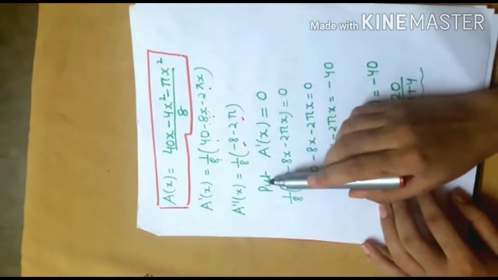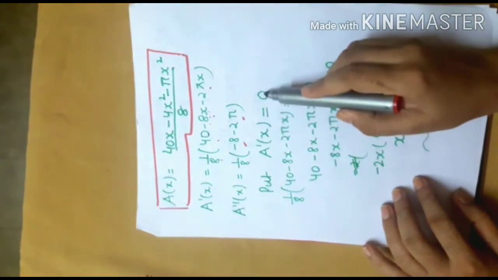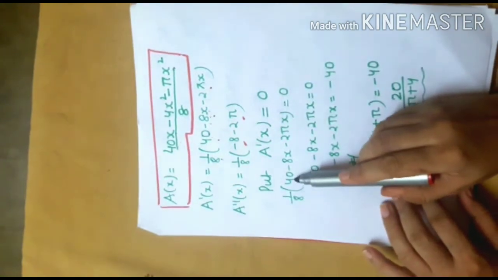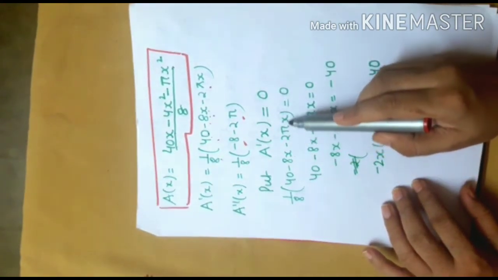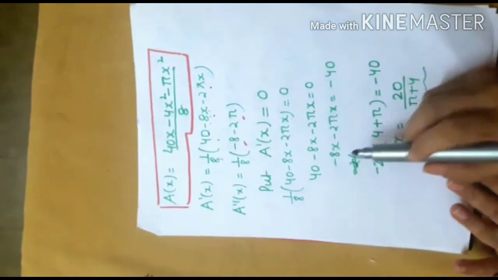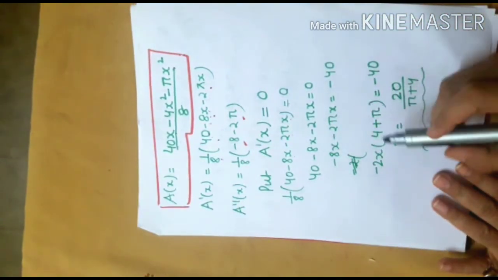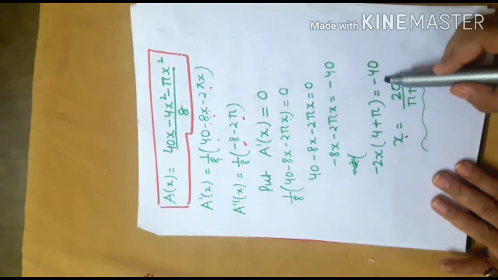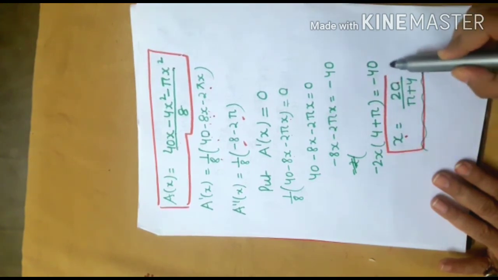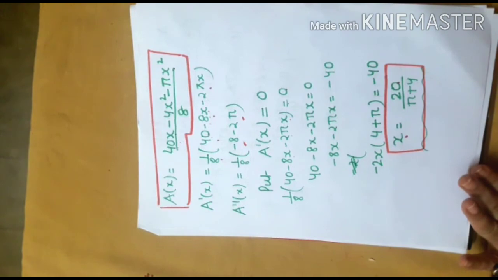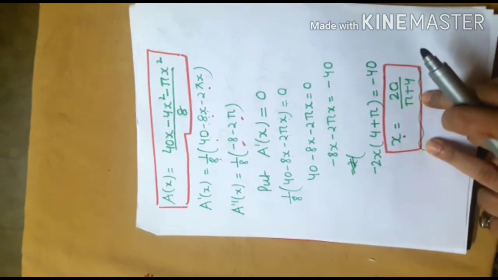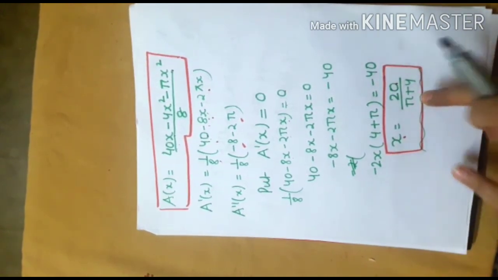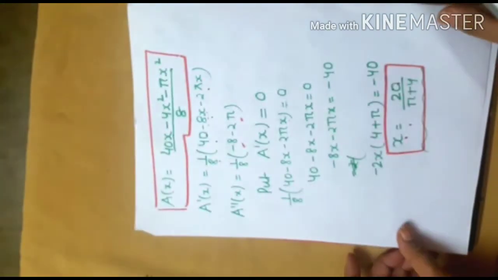For critical points, I'll put A dash x equal to 0. That is 1 by 8 into 40 minus 8x minus 2 pi x is 0. From here, I get the value of x as 20 over pi plus 4. Right? So this is the critical point. Now I will compute the value of the second order derivative at this critical point.